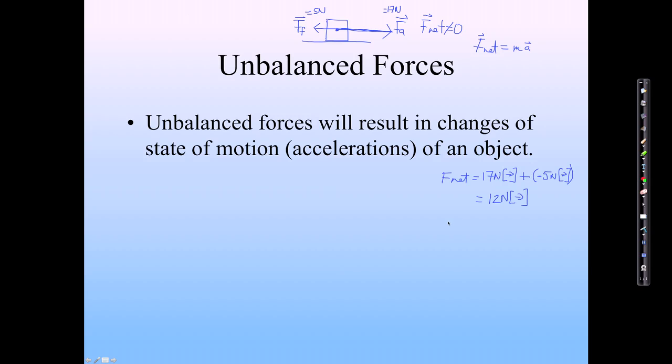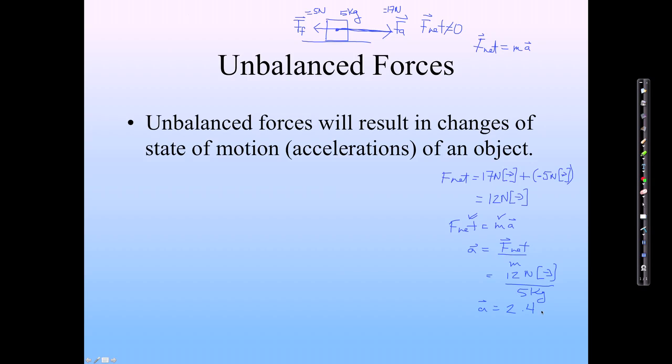And so let's say that this object had a mass of 5 kilograms. F net equals ma. We can find the acceleration because we have the F net and we have the mass of the object. So acceleration equals F net over mass equals 12 newtons to the right divided by 5 kilograms, and that makes our acceleration equal to 2.4.